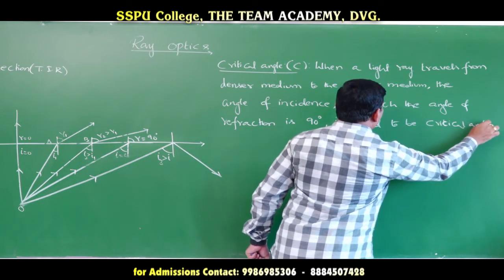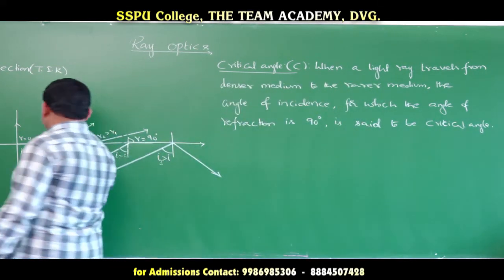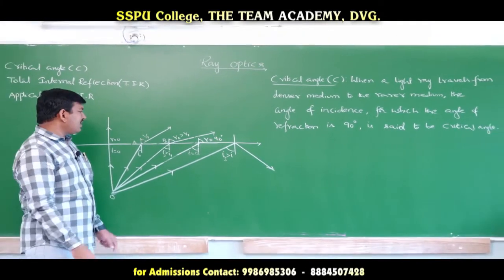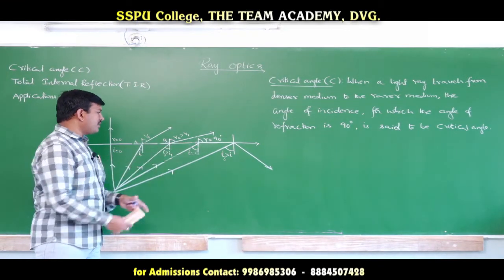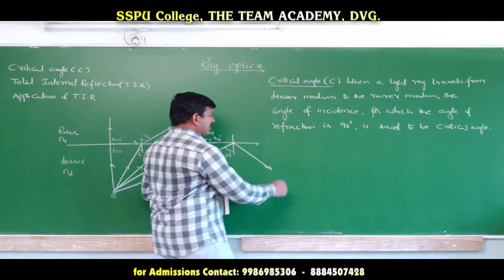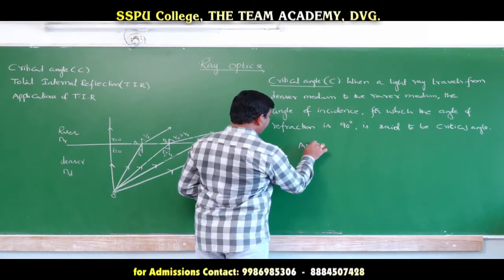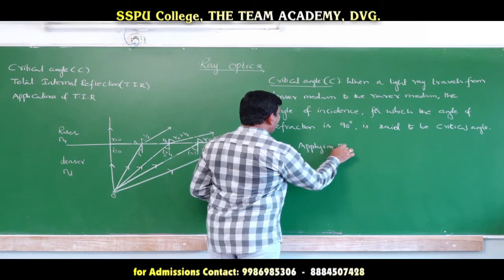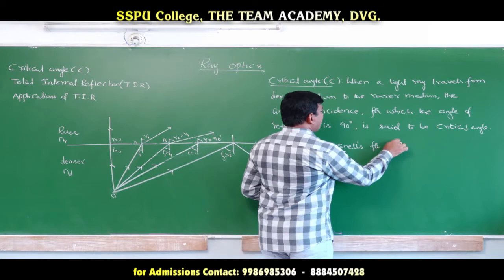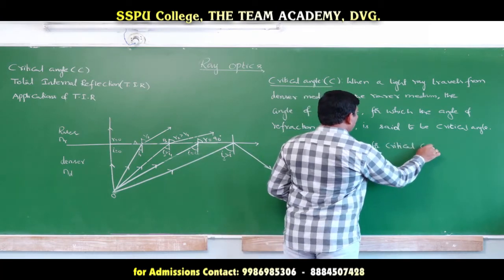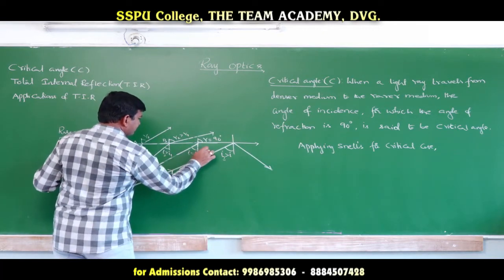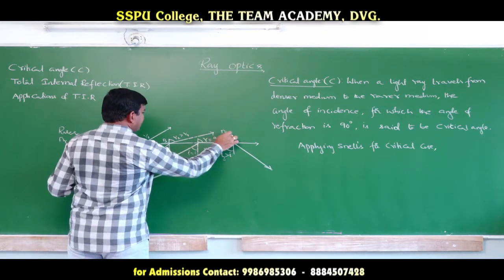Now, as in this chapter we are able to use Snell's law, let me apply Snell's law for the interface at this point C. The refractive index of this medium is Nd, and the refractive index of this medium is Nr.